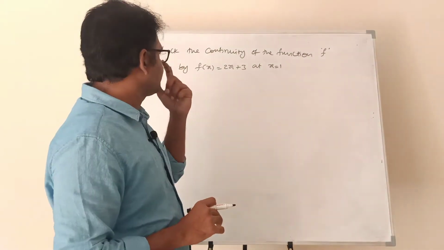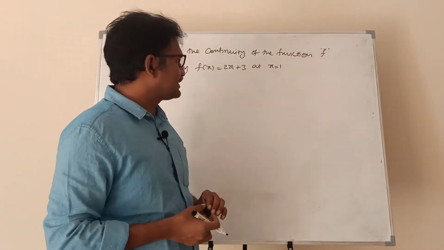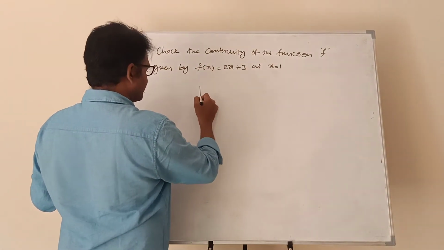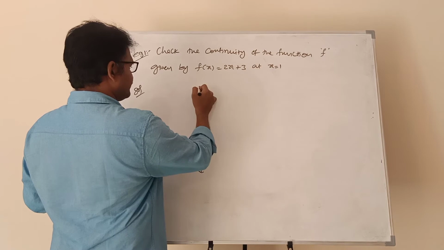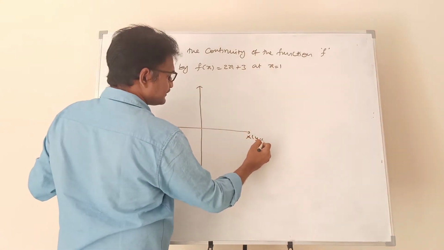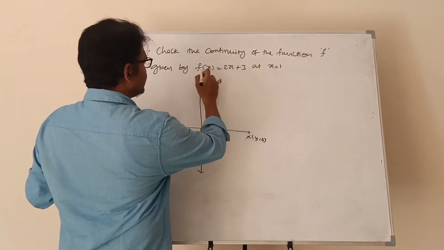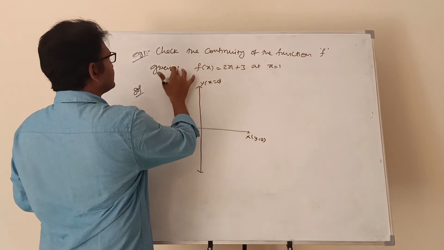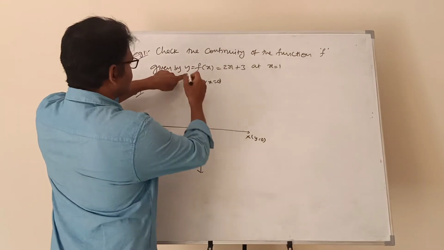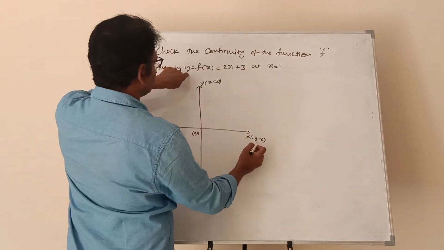See this problem. Check the continuity of the function f given by f of x equals 2x plus 3 at x equal to 1. If you draw the graph for this problem, take the x axis, where y is equal to 0, and the y axis, where x is equal to 0.